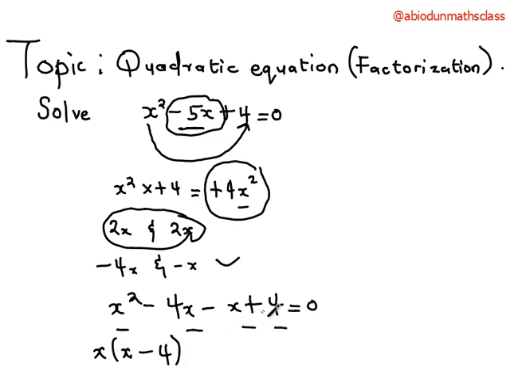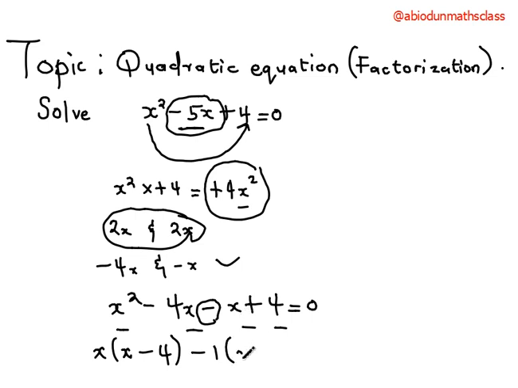Now for minus x and plus 4, there is no direct HCF. So for any term that does not have a direct HCF, we use 1 as the HCF. You go with the sign that we have here, which is a negative sign, so you put that outside, minus. Since you don't have a reasonable HCF, you put 1 outside into brackets.